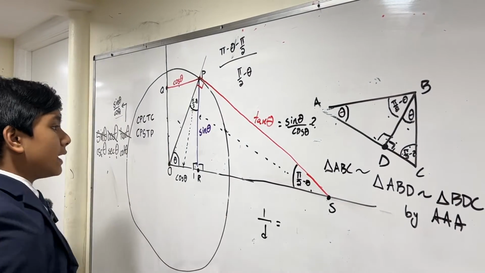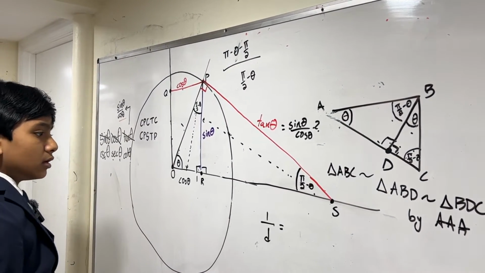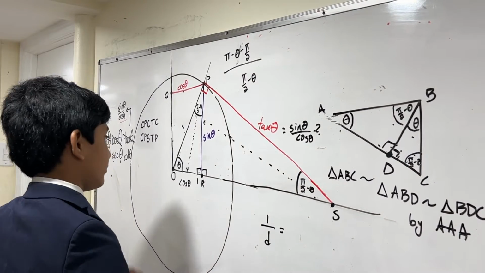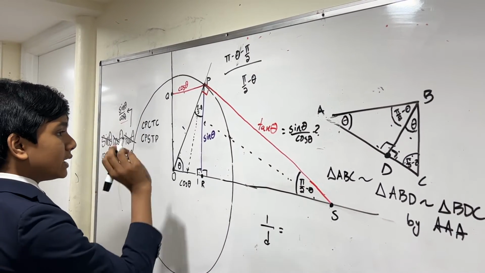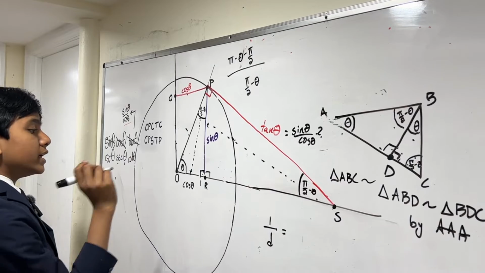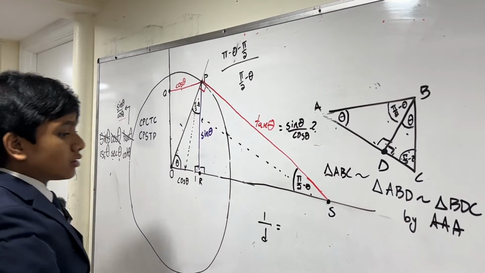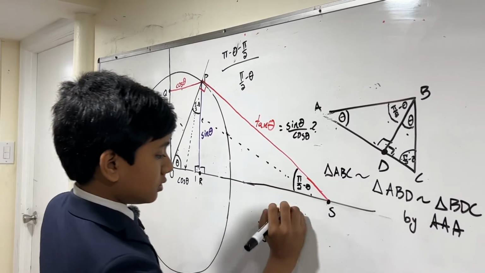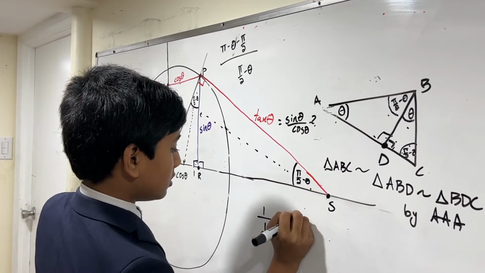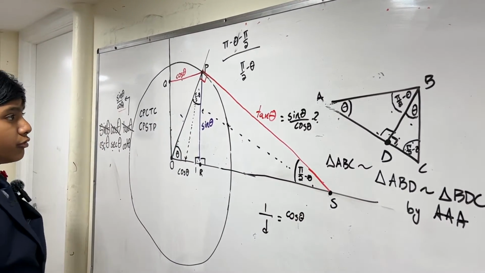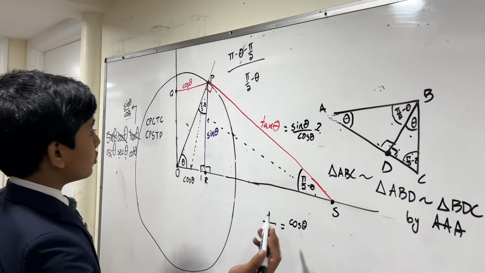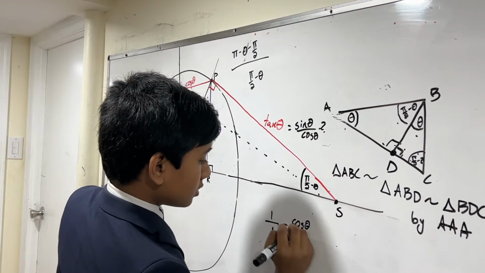And then we have the other way. Let's pick one of these. We know that pi over 2 minus theta is opposite to cosine theta. And in the real thing, pi over 2 minus theta is opposite to 1.